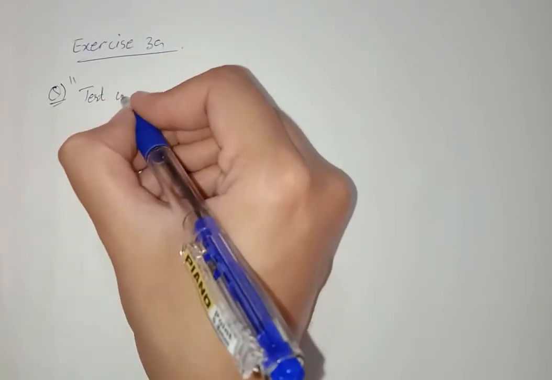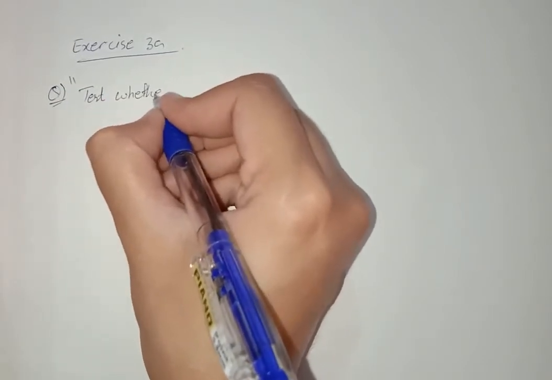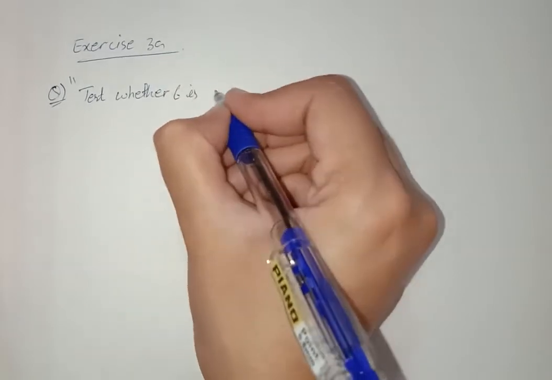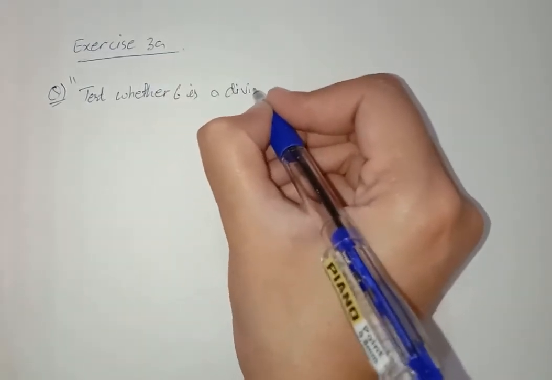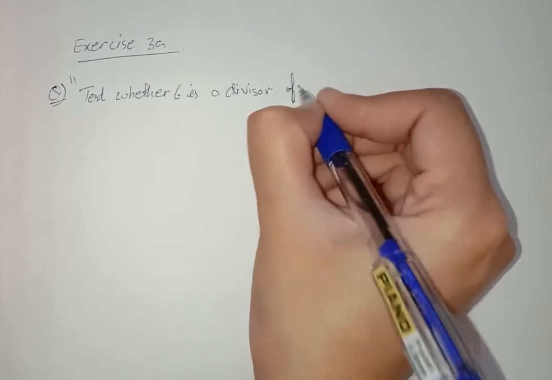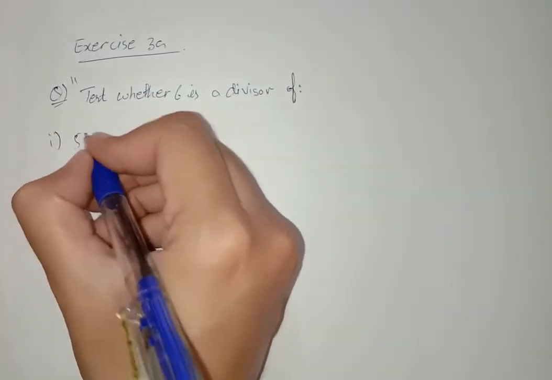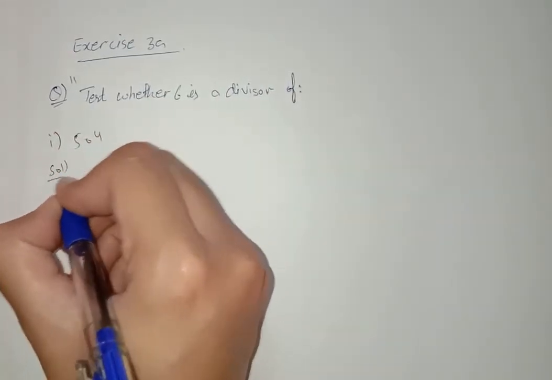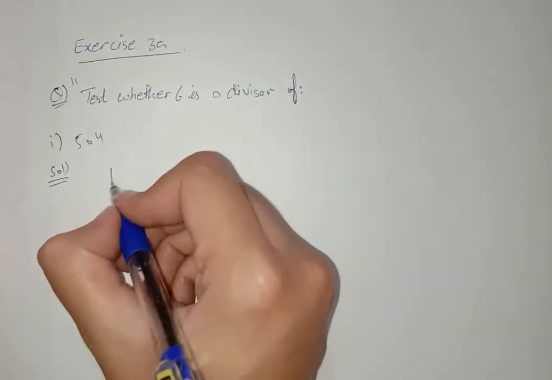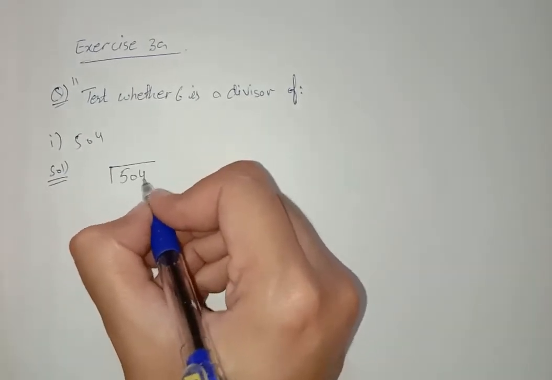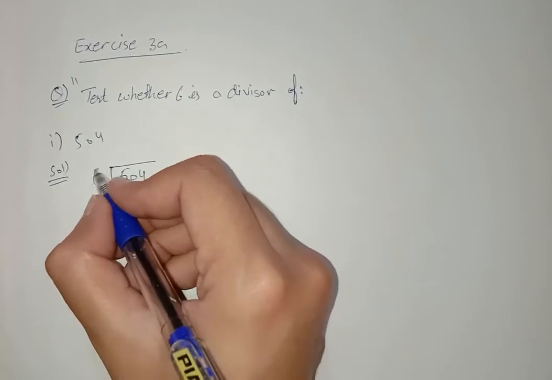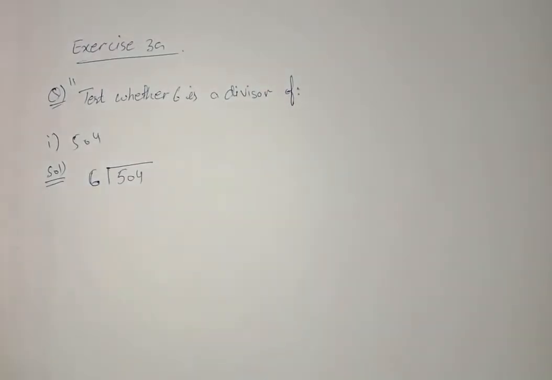Test whether 6 is a divisor of, number 1 is 504. So let's solve it. We have to divide 504 by 6.